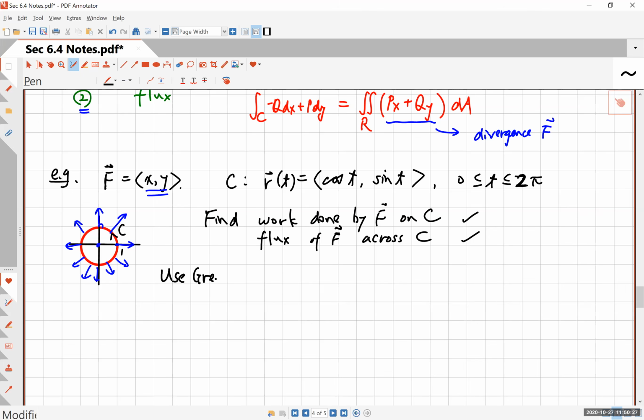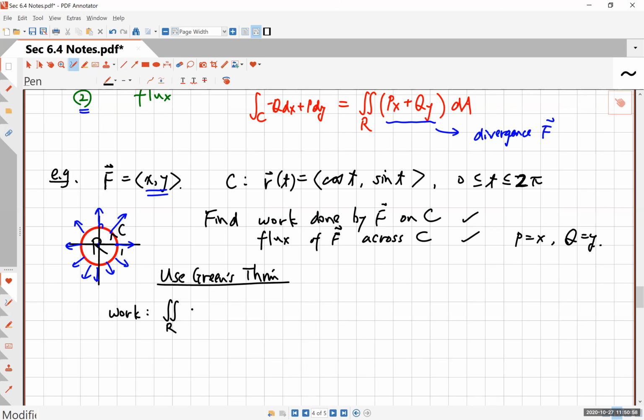So the quickest way to do both is to use Green's theorem. Remember work. I should say P is x here, Q is y. The work integral is the double integral over the region R, and region R is the interior of this unit circle.